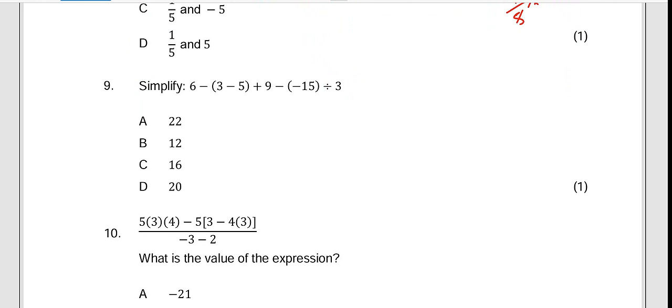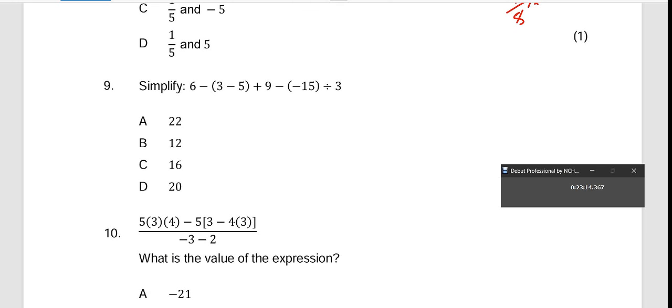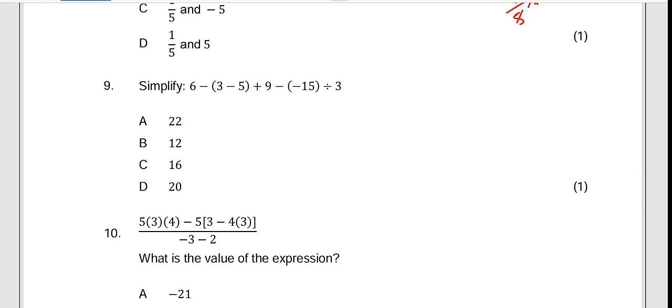Number 9 says simplify. Guys, for this question, you can simply use your calculator, or you can follow the BODMAS rule. So what's the answer?